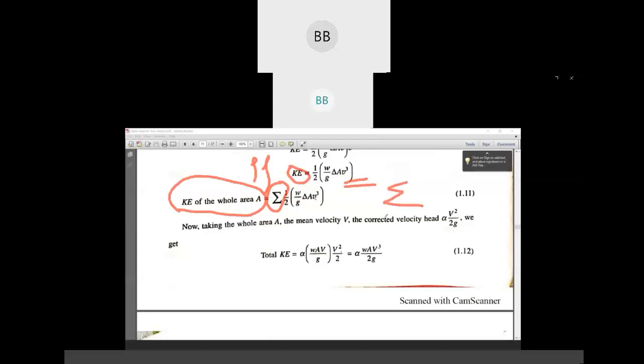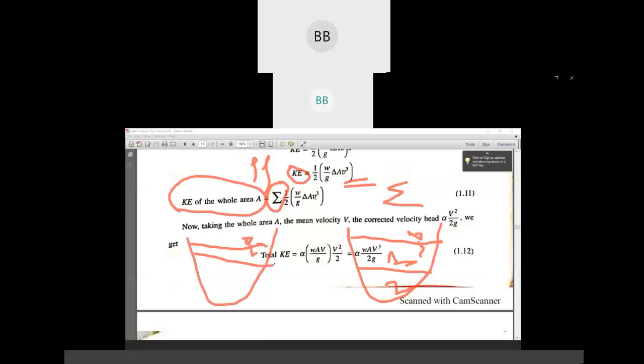When you take summation, we don't know how many elementary areas we have considered. You may have considered only two elementary areas, or you may consider 1, 2, 3, and 4. It depends on you how many elementary areas you consider inside the channel.